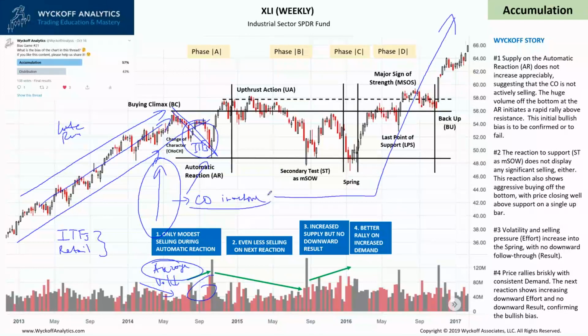So no shares of supply are being presented from the CO, and ITFs and retail traders are also not giving out their shares. So therefore, a stopping action without any climactic volume signature, just on the pure diminished momentum itself.